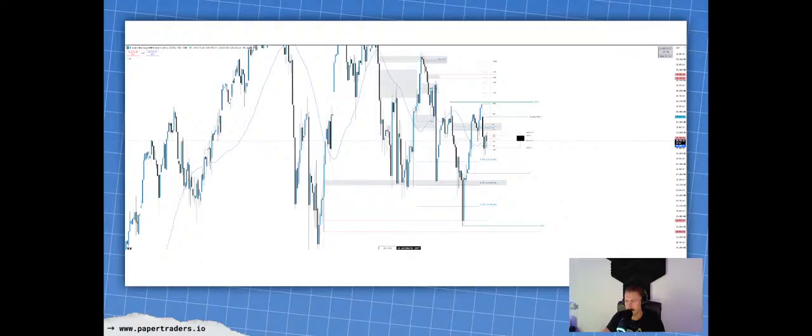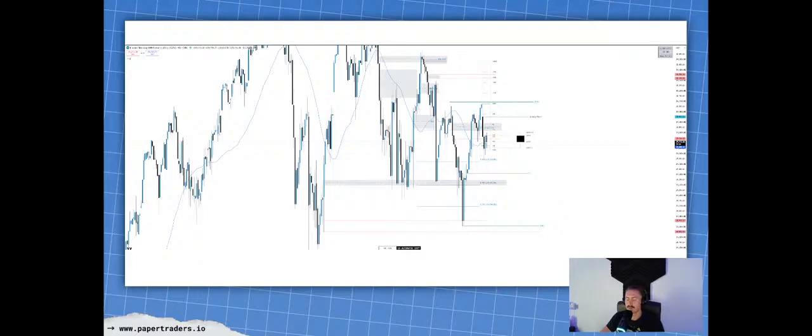If price does decide to break below that, we can get an outside hour sweeping the overnight low here before a reversal to the upside. But we'll take a look at the overnight interaction in a bit.